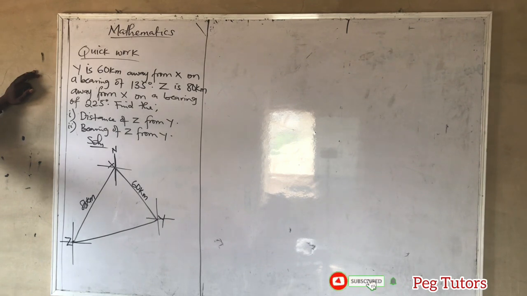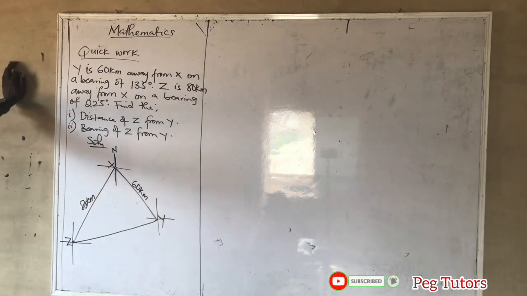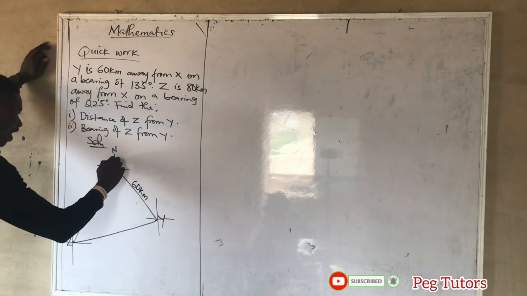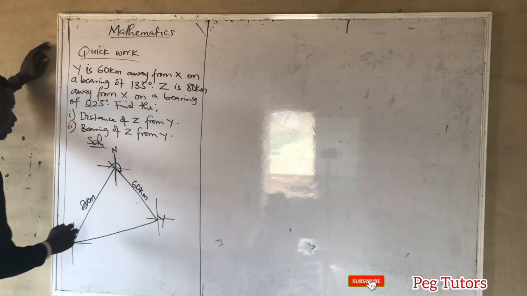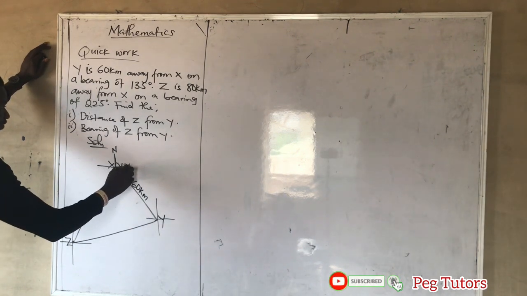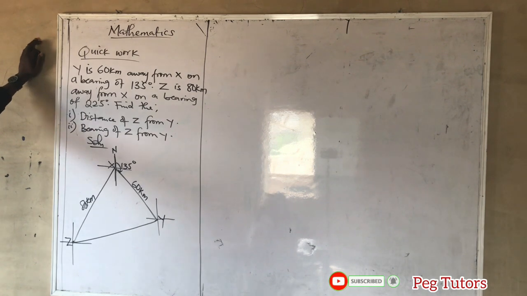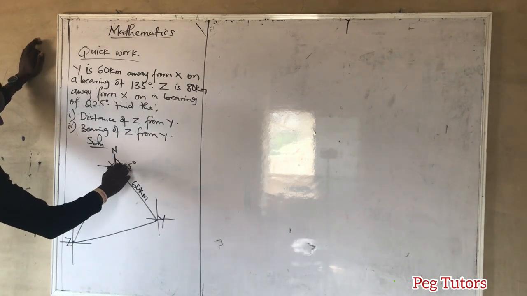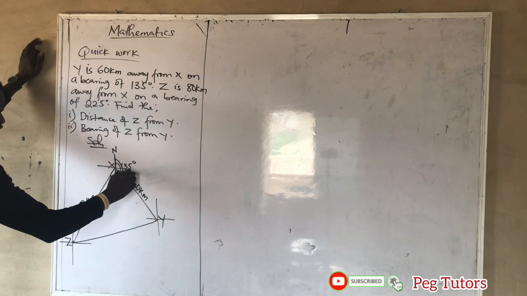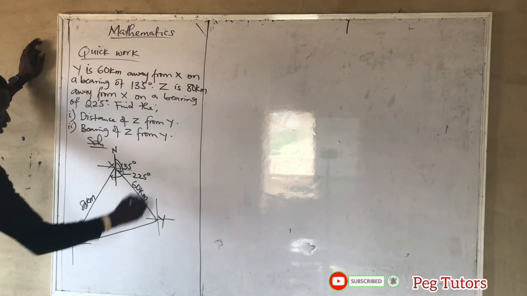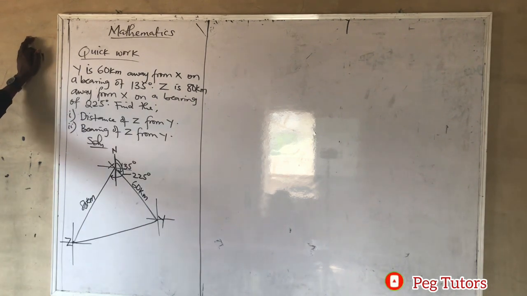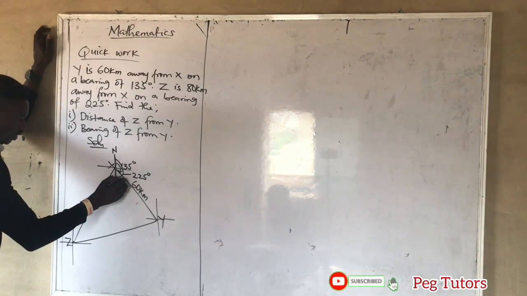Join them together. So we now form a triangle. It might not actually be a right angle triangle, but it is a triangle. So from here to here is how many degrees, class? 135 degrees. And then from here down to this place is how many degrees? 225 degrees. So obviously, we can know this place.